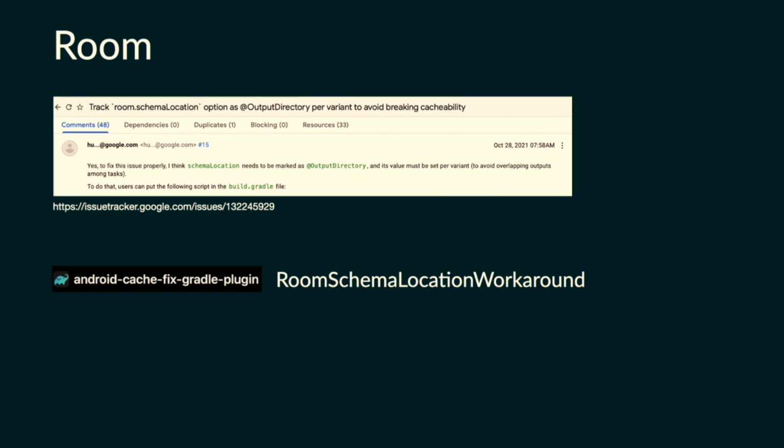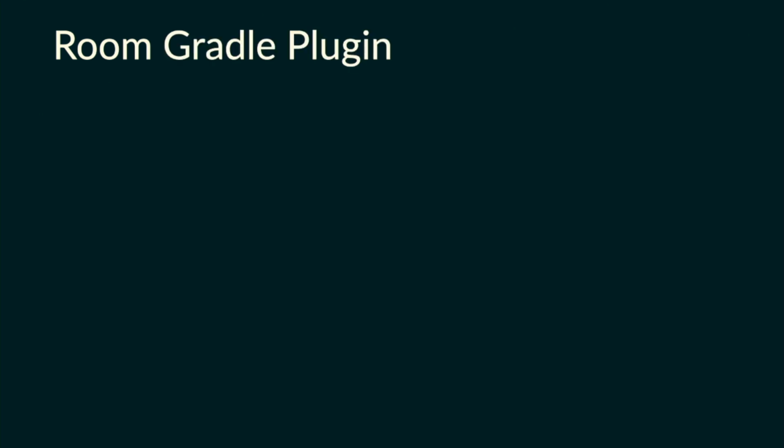We were adding compatibility not only for KAPT, but also for KSP, but we are more than happy to see that Google has released a new Room Gradle plugin that actually is in beta and fixes all the previous problems that Room has with Gradle. So if you're going to use Room, know that now it's free of issues with cache.